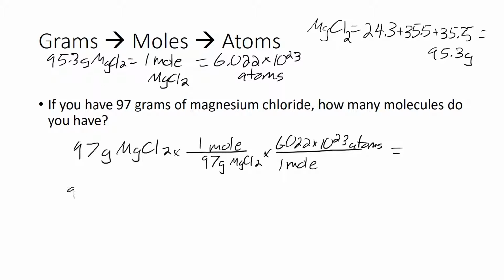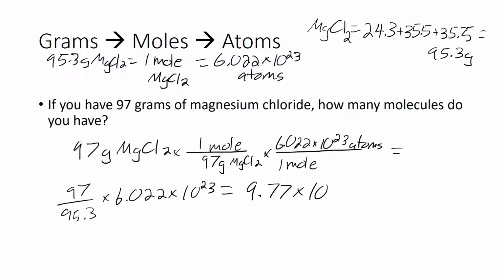So again, the math is pretty straightforward. It's just setting it up so you can see how the units work out. And that gives us 9.77 times 10 to the 23rd atoms.